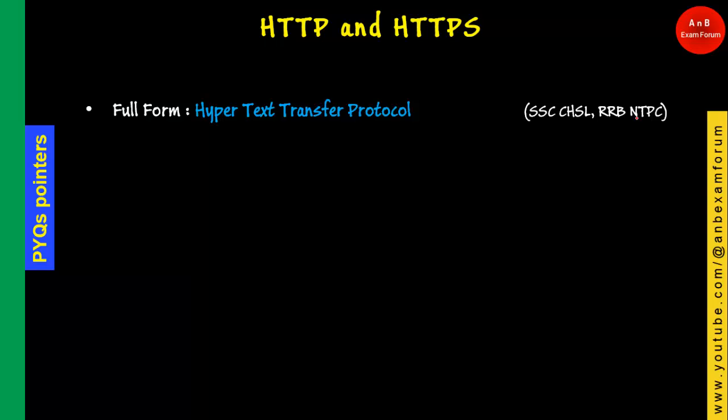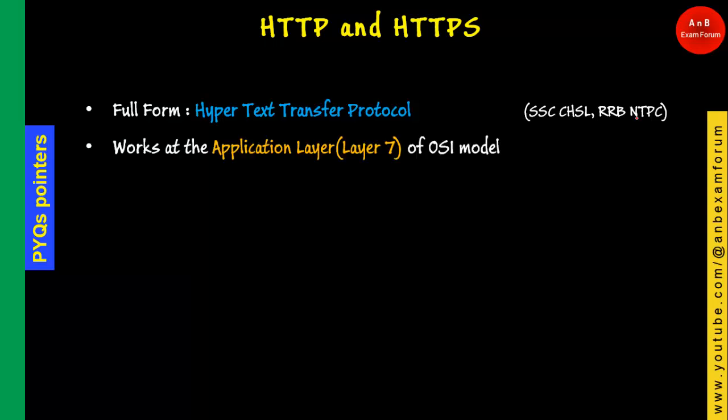Okay, and what other thing you should know about these protocols is the layer at which it works. Okay, so there are 7 layers in the OSI model. Okay, there are 2 types of models which are commonly used in the networking chapter. First one is the network model or TCP IP model.